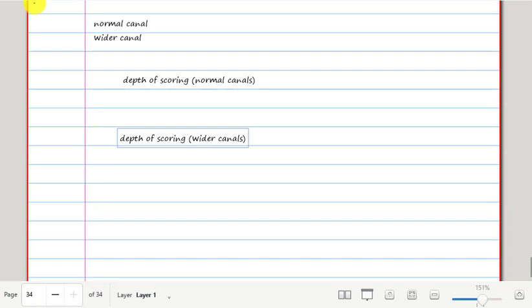Okay, we got two formulas and depth of scouring is represented by R. Then in this case, in normal canal, the depth of scouring can be found by using this formula. R is equal to 1.35 into Q square divided by F, raised to the power 1 by 3.